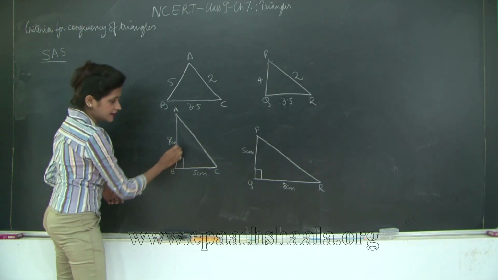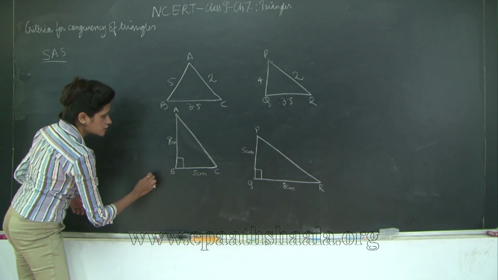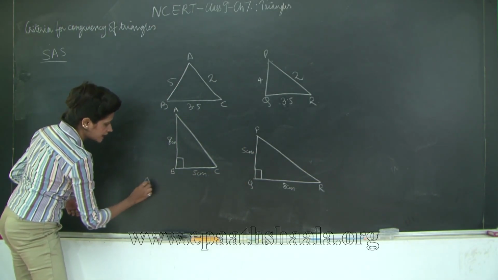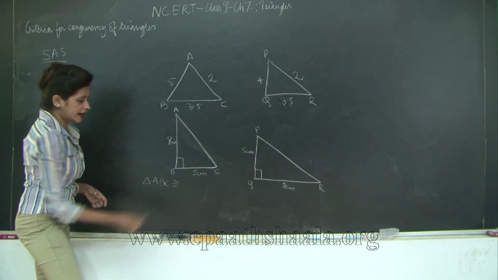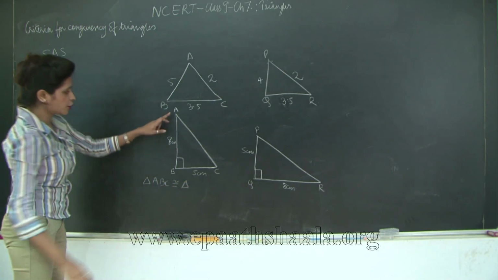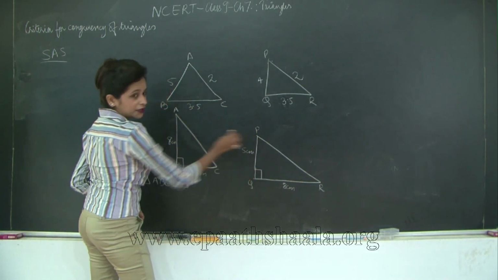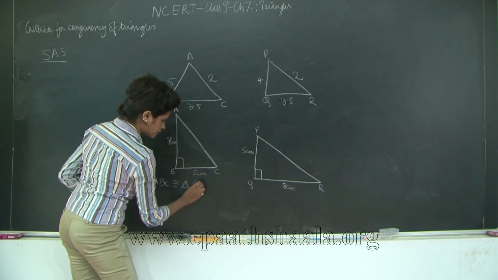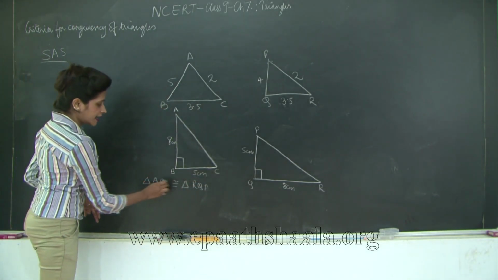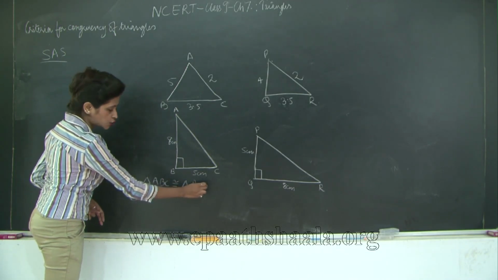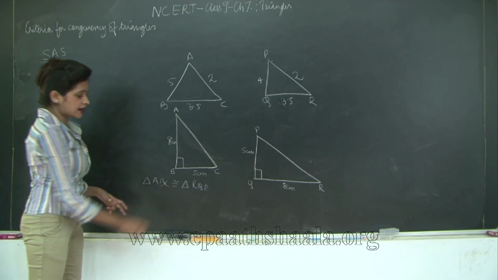You have a side, you have a right angle in between, and then you have a side. So I will say triangle ABC is congruent to triangle, now I am going from 8 to 5, so I will go RQP. So here which points are corresponding? A corresponds to R, B corresponds to Q, and C corresponds to P. So therefore the two triangles are congruent.